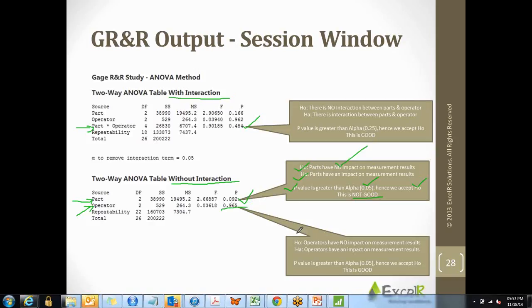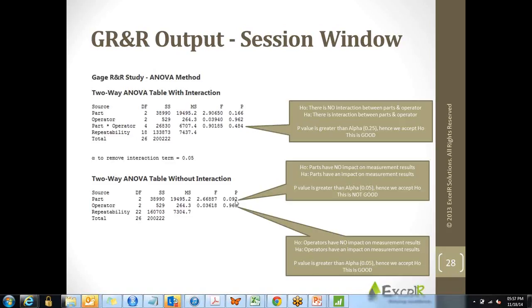Let us look at the second thing. Operators have no impact and operators have an impact. So the p-value is greater than 0.05 in this case, right? It is 0.965, which is greater than 0.05. Hence, we accept the null hypothesis, and this is a good indication. Always, because of parts, we need to have maximum impact.